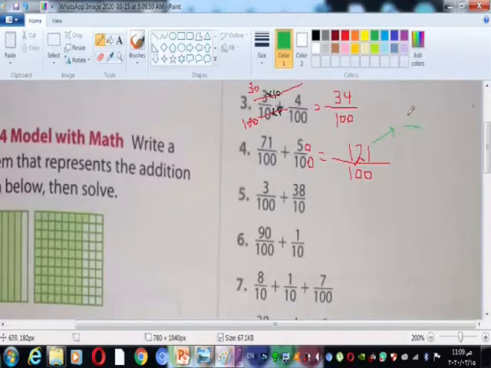The first part is 100 over 100, plus the second part, which is 21 over 100, and the denominator stays as it is, no change happened here.